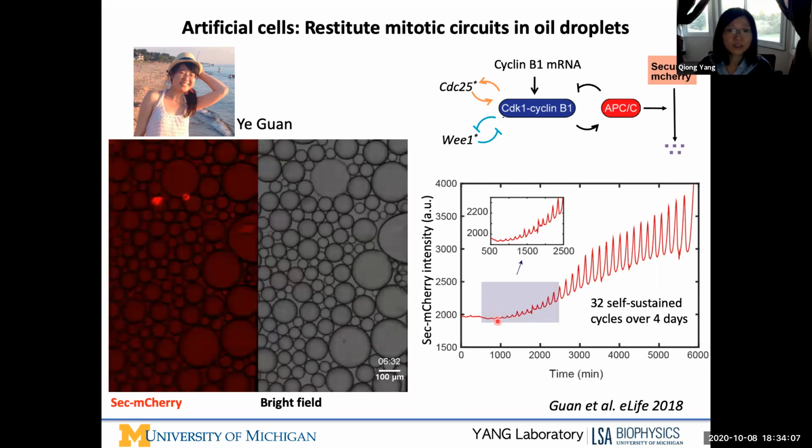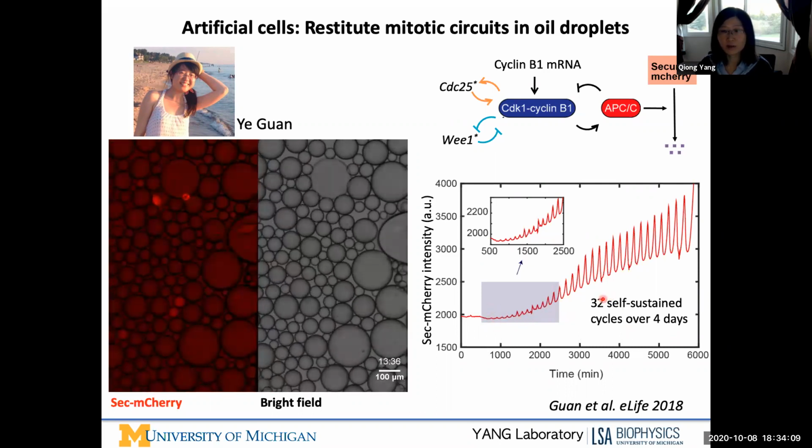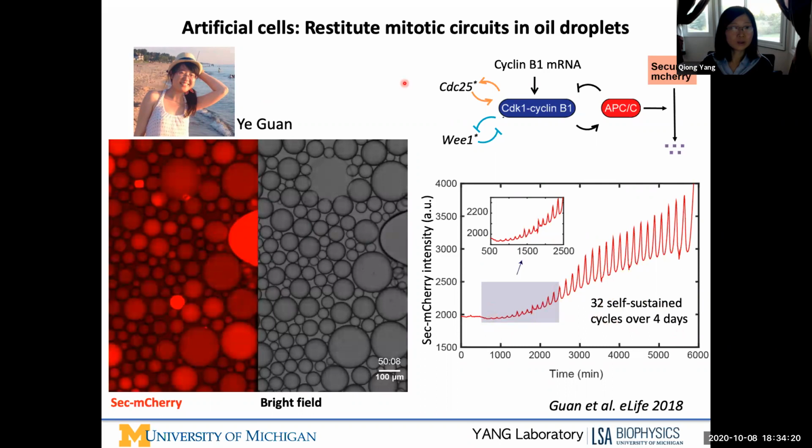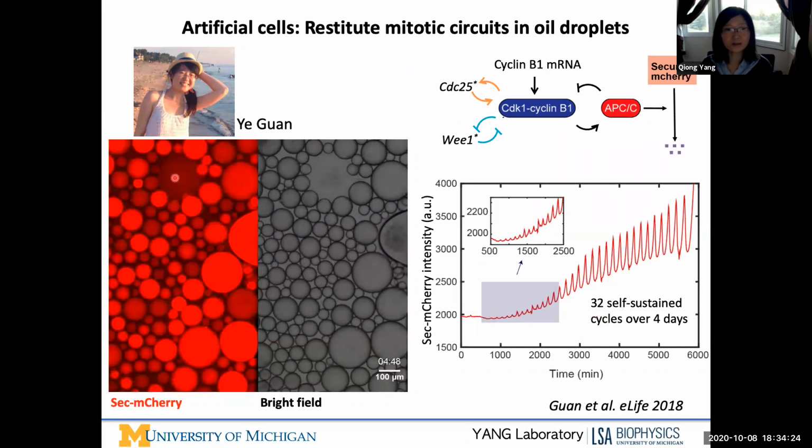What you see is oscillations for about 30 to 40 cycles over multiple days. This is probably the simplest possible synthetic oscillator we can reconstitute. There is not even any DNA inside.